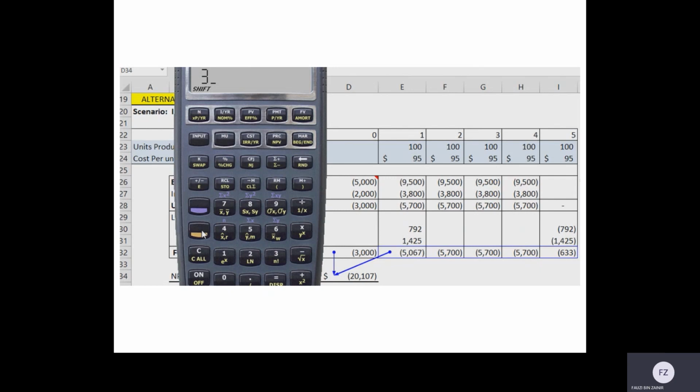Then for the last one we put minus 633 and CFJ. The weighted average cost of capital is 12%, 12I, and then we press orange and NPV, so you get the same figure, minus 2106.89. So it is the figure that we reflected here.